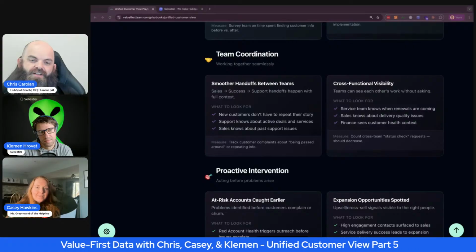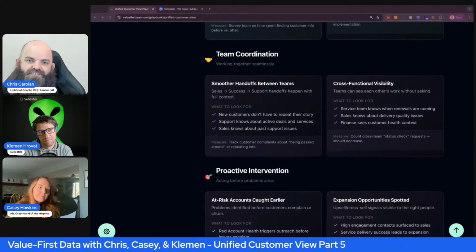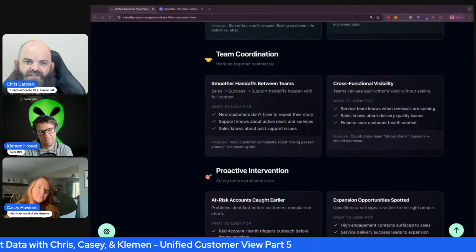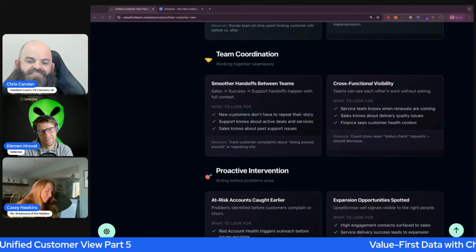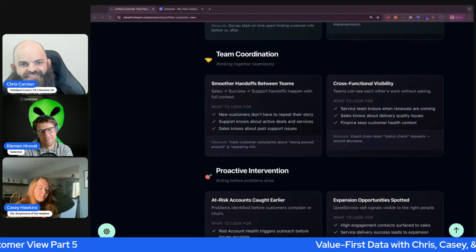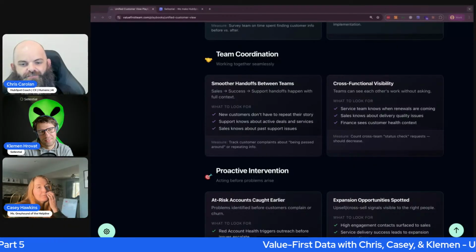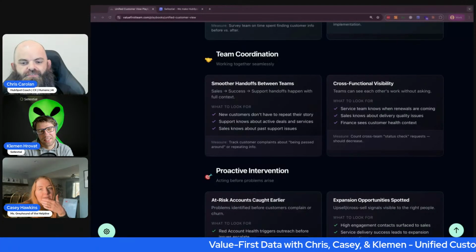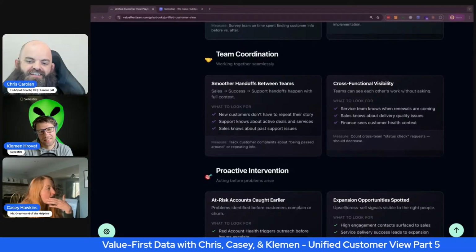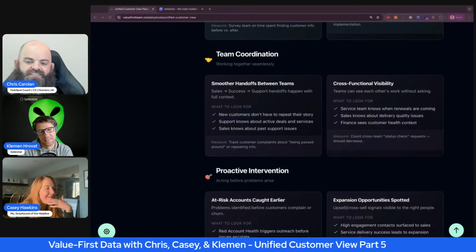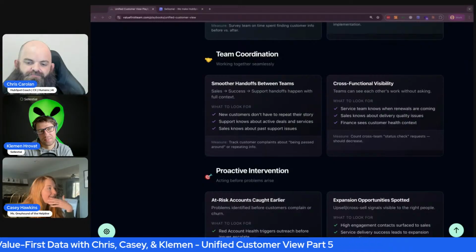I think that's a spot where you could leverage AI to understand transcripts throughout the journey and just see how many times the story is getting repeated. I hadn't really thought about that as a use case until right now. And this is: support knows about active deals and services, and sales knows about past support issues.